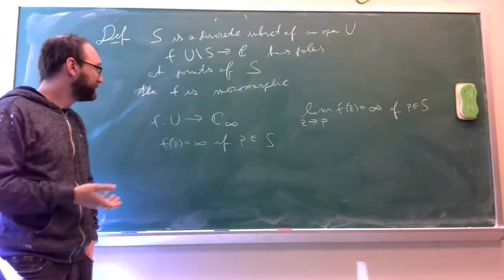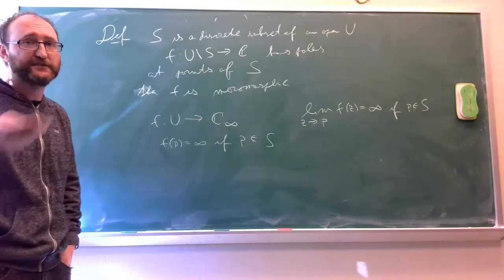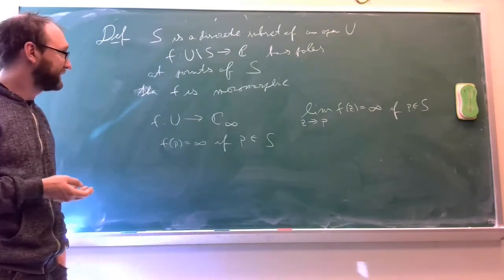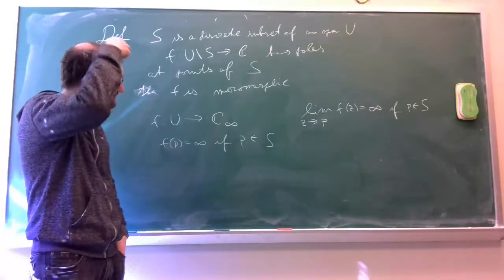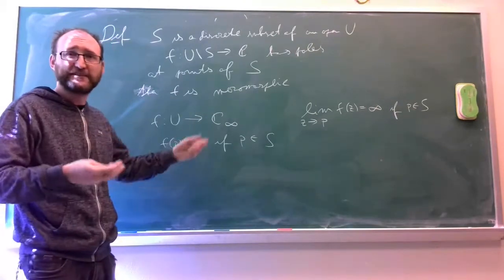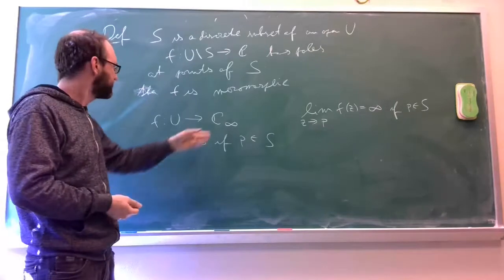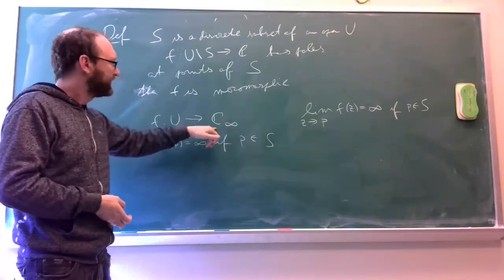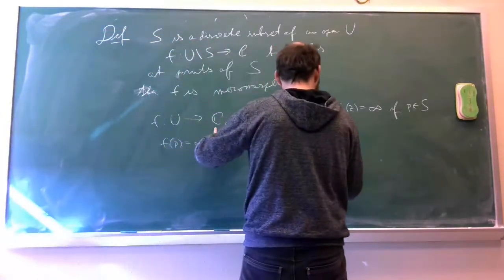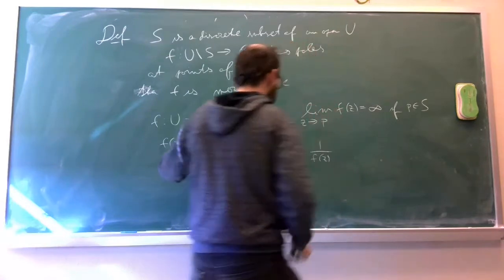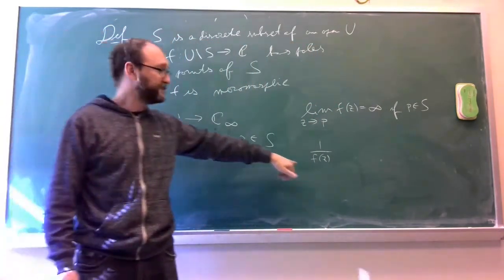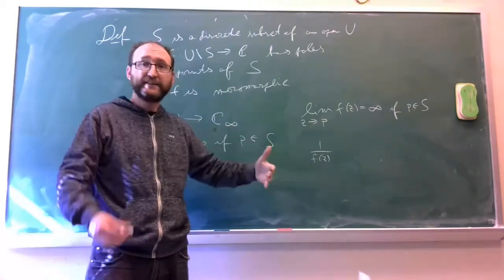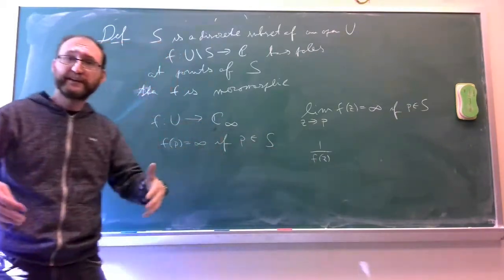We've looked at this a couple of times. Why does it make sense to call this a holomorphic function? Well, if I look at 1 over f of z near a pole, then it's just a 0, and so this actually has a removable singularity.